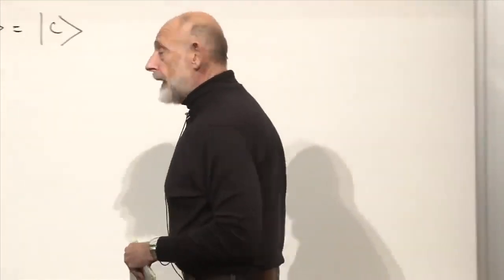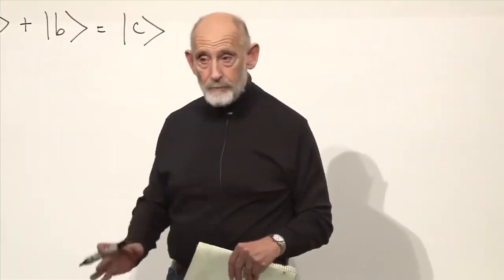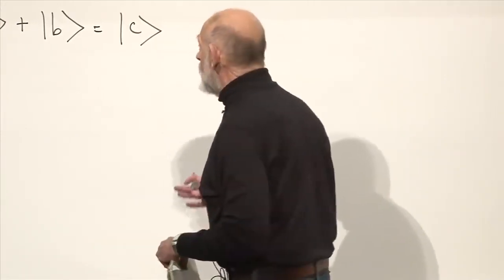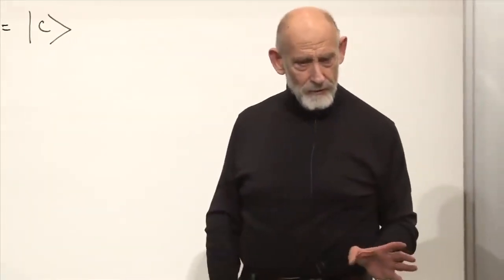So yes, you can multiply vectors by numbers, and in a complex vector space, we're now going to talk about complex vector spaces, you can multiply vectors by complex numbers. Now, do not try to picture this in your head as any kind of pointer in some direction.